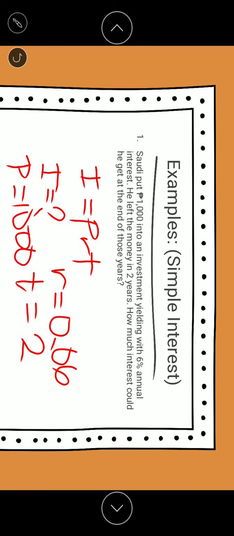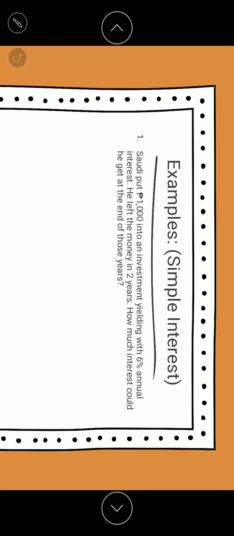Now, after we get the formula and all the given facts in the example, we can now start the solution. First, write down again the formula, which is I equals P R T. Second, substitute all the given facts to the formula.